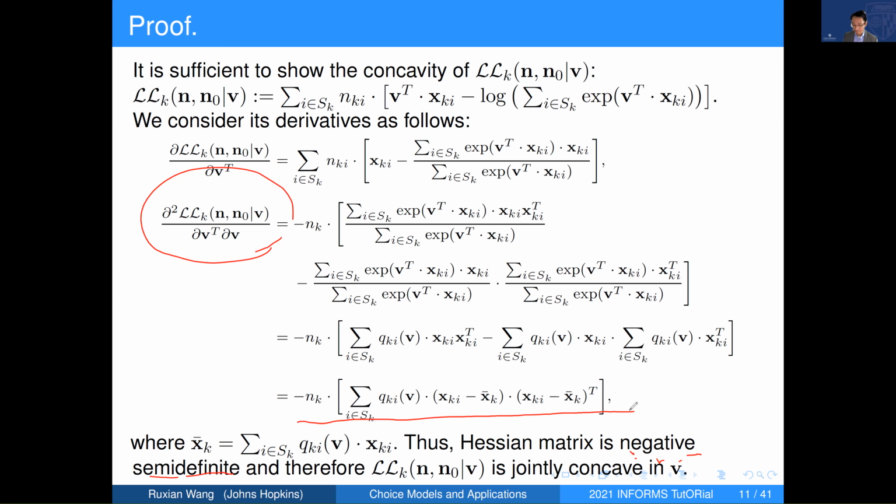You can see inside the square bracket is positive semi-definite. So the Hessian matrix is negative semi-definite. So this is why we say it's jointly concave in v. So it's quite straightforward to conduct MLE for the MNL model if data is complete. For incomplete data, we will show some examples later.